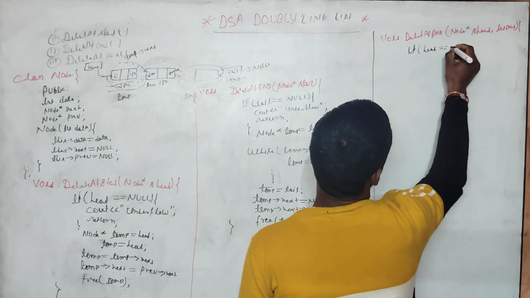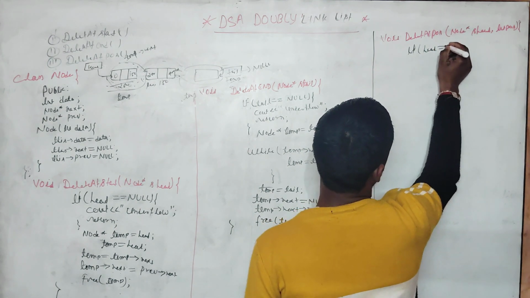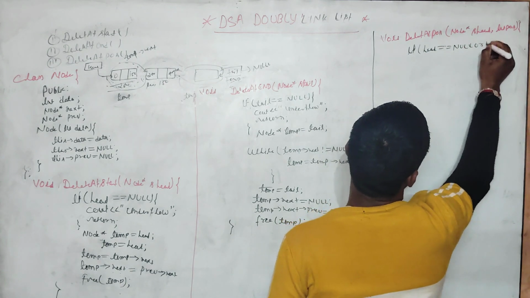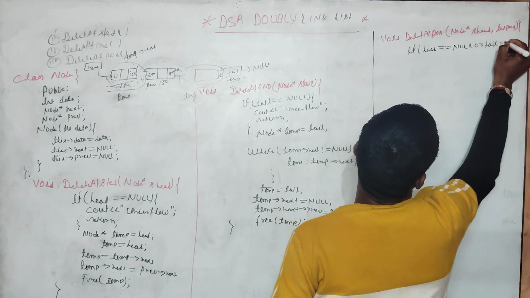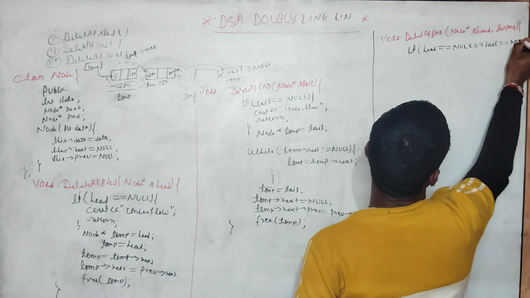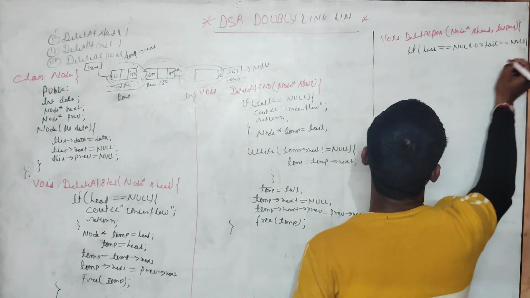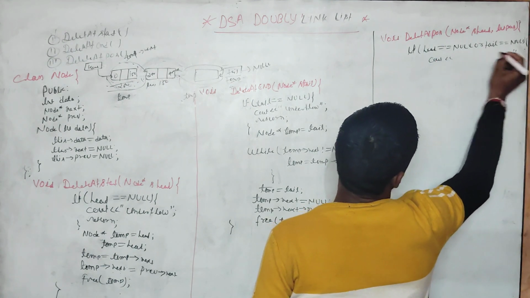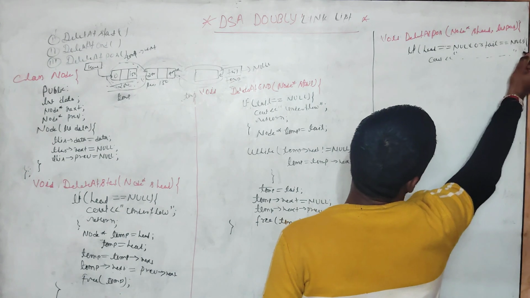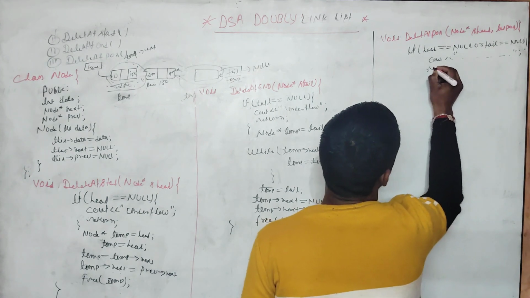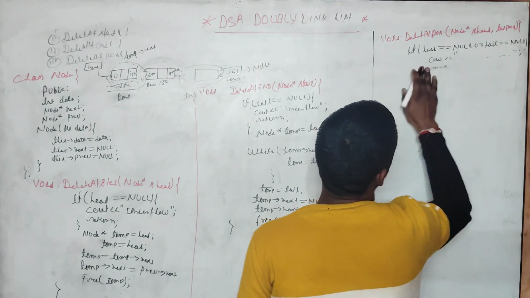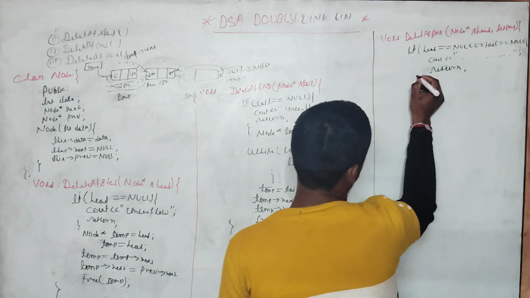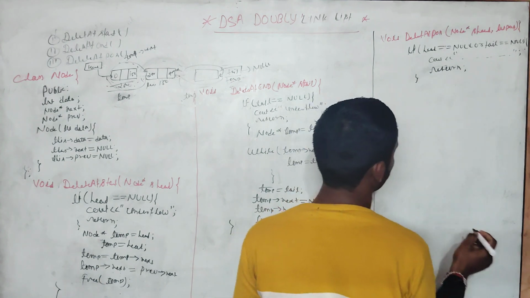If head is equal to null or tail is equal to null, then simply write cout linked list will be empty. Fine, and simply return. Okay, and close this thing.